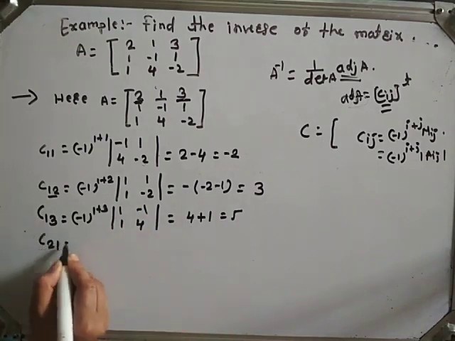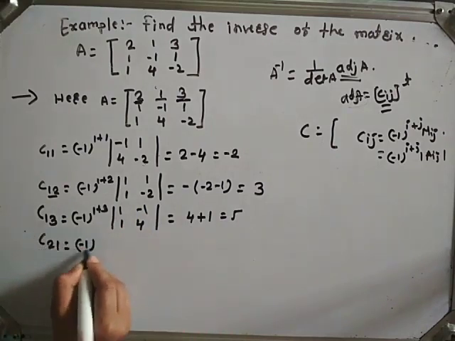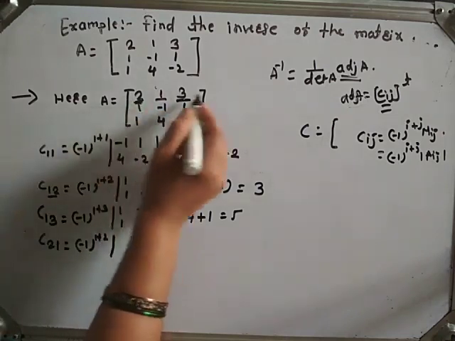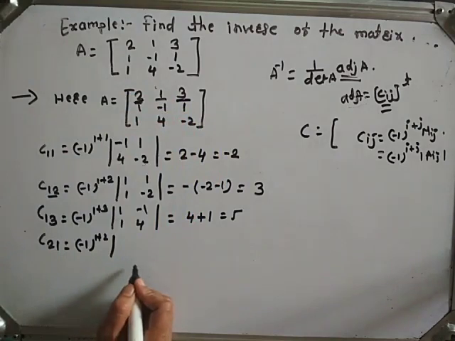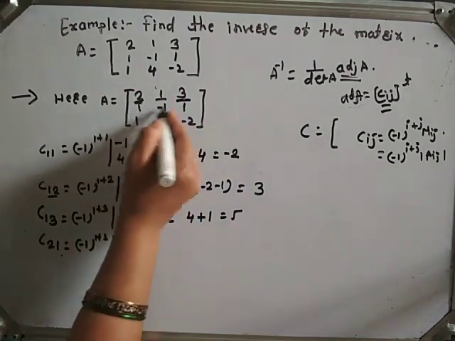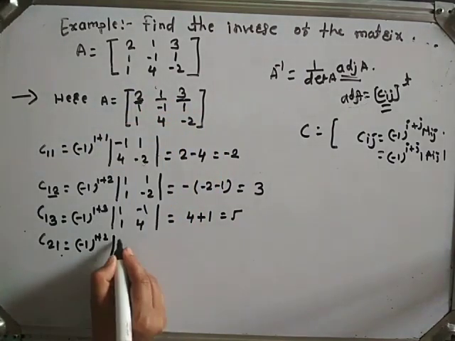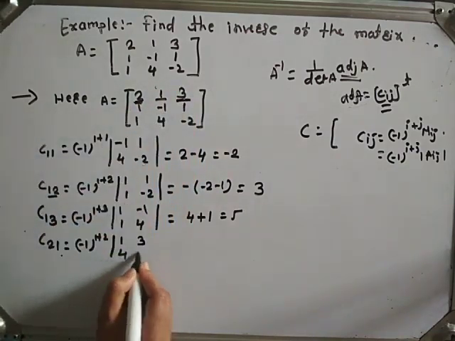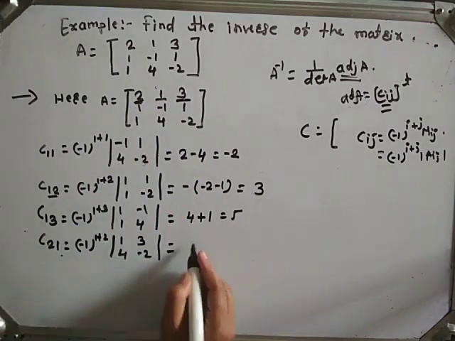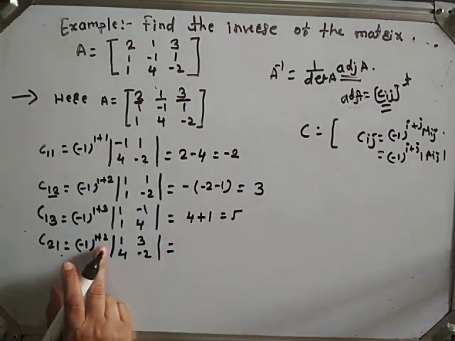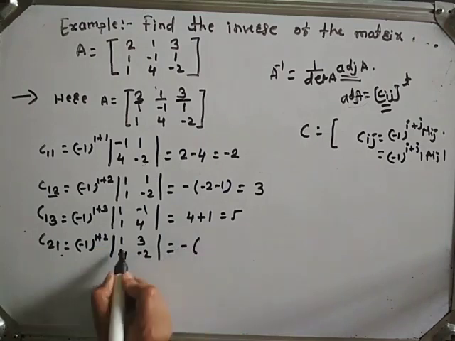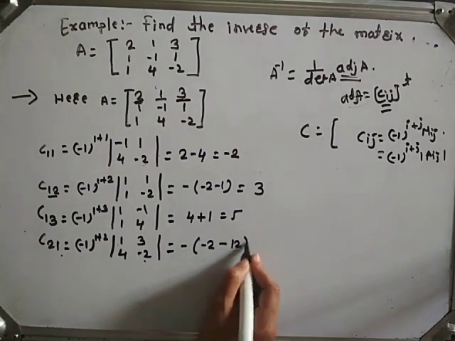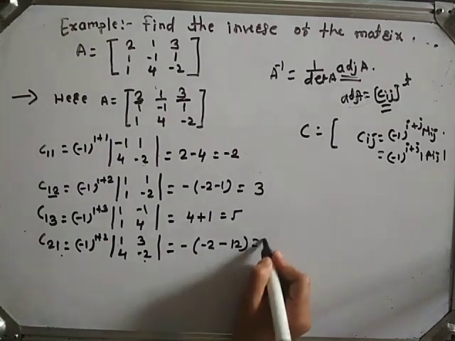Next find C21. This is minus 1 raised to 2 plus 1 into the determinant of, deleting second row and first column. So we have to find the determinant of 1 3, 4 minus 2, which equals minus 1 raised to 3, negative, into minus 2 minus 12, which equals plus 14.